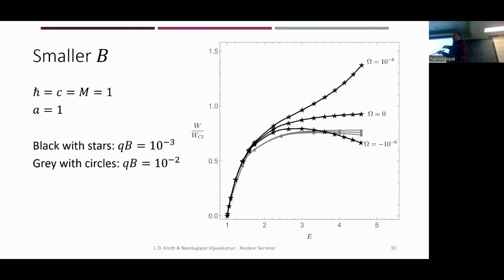That's just because in that dispersion relation we had E is roughly square root of 2n times B. The smaller magnetic field means we need to go to higher n, which means more sum contributions to compute, which means longer computation time. But at this lower energy, we see the same characteristic behavior that we saw on the last figure, for QB is 10 to minus 2 at higher energy over here.